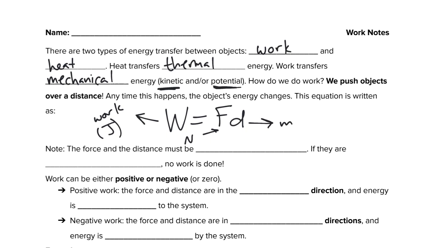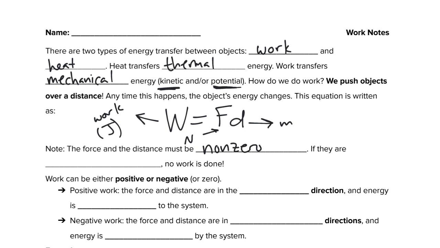All right, so there is a note here, and it says that the force and the distance must be blank. And the answer for that is non-zero. Okay, force and distance must be non-zero. The reason for that is mathematical.